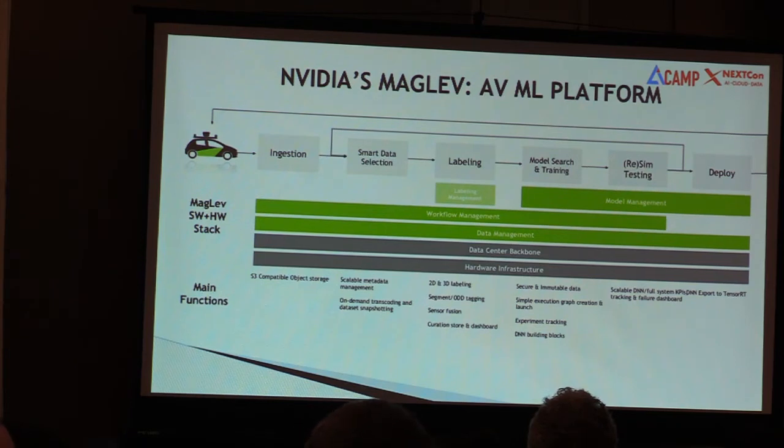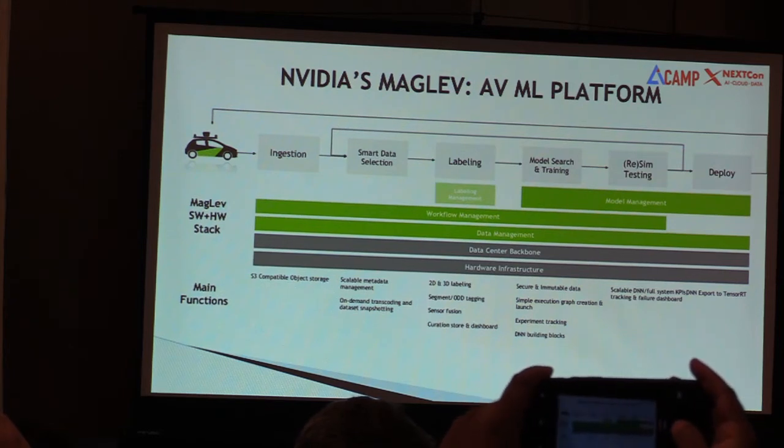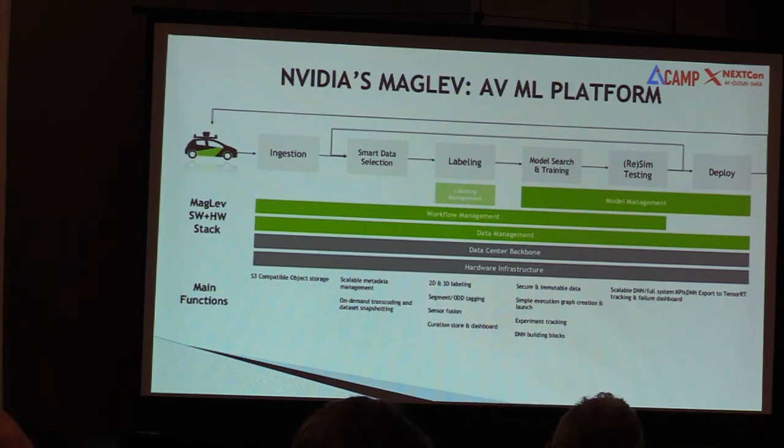So the first approach would be to ingest data, take your SSD, put it on your machine, and then train locally, right? So let's say you have a GPU machine. The first thing you would do is, oh, okay, I'm going to put it there, select data myself, label it, save it in a local file on a local file system, right? And then train my model. And then I would ship that model, deploy it to the car, and then run the car, right?